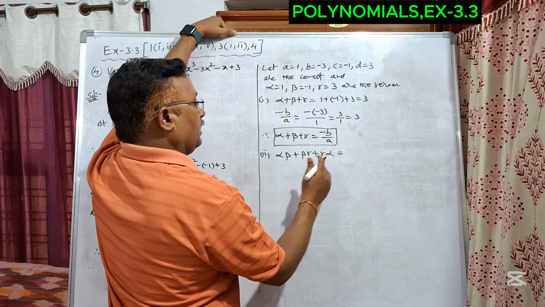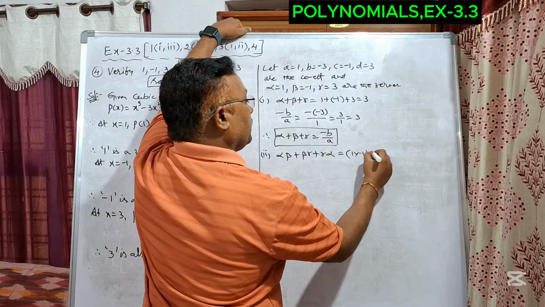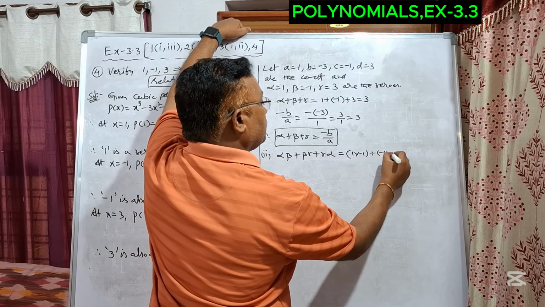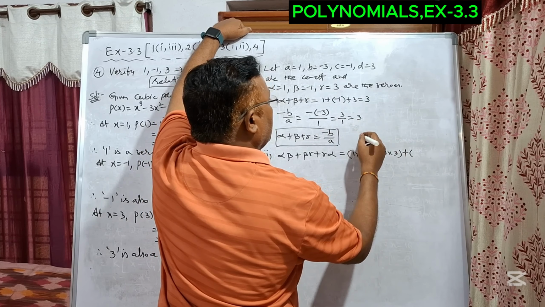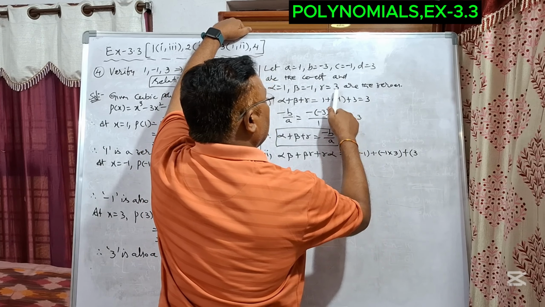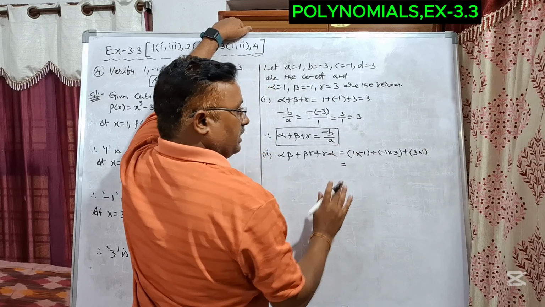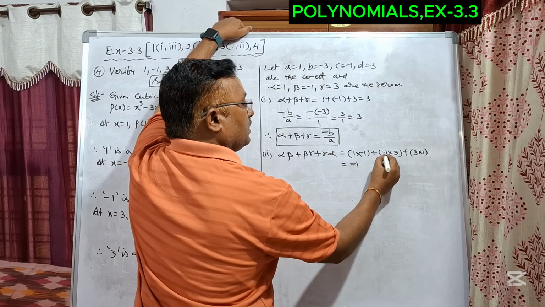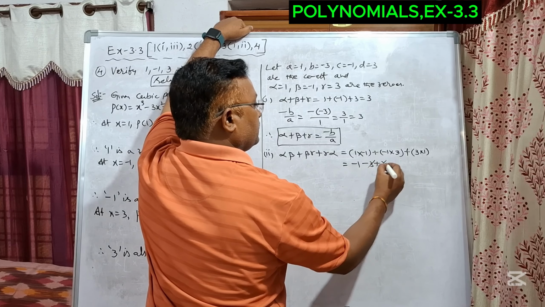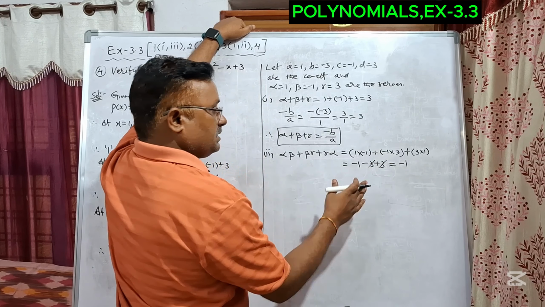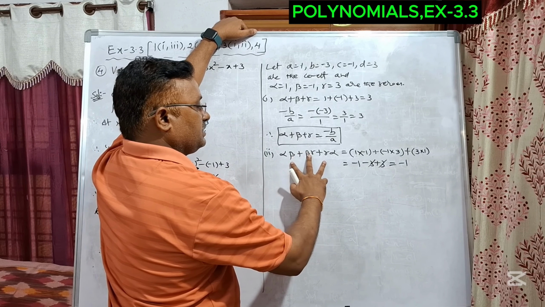So, alpha beta means 1 into minus 1 plus beta gamma minus 1 into 3 plus gamma alpha 3 into 1. Substitute them neatly, calculate them carefully. This is minus 1, minus 3, plus 3. Plus 3 minus 3 get cancelled, its value is equal to minus 1. That is sum of the product of two zeros taken at a time.